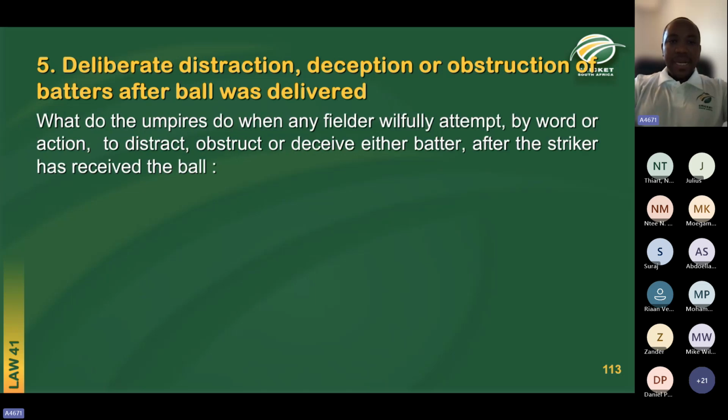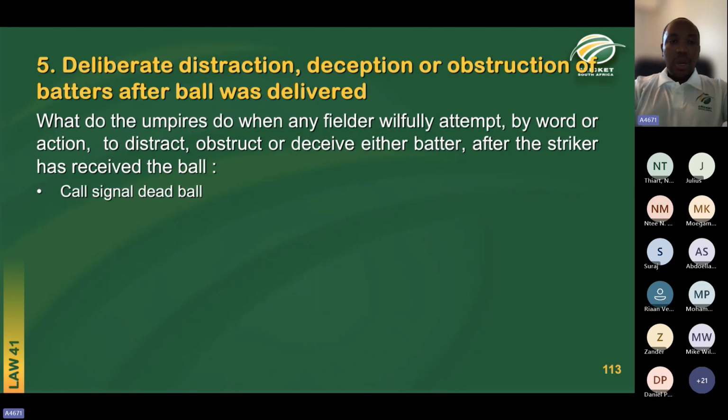So what do the umpires do when any fielder willfully attempts by word or by action to distract, obstruct, or deceive either batter after the striker has received the ball? This offense is seen in a serious light by the lawmakers, and you will see that the punishment and the process that the umpires need to apply is quite strict.